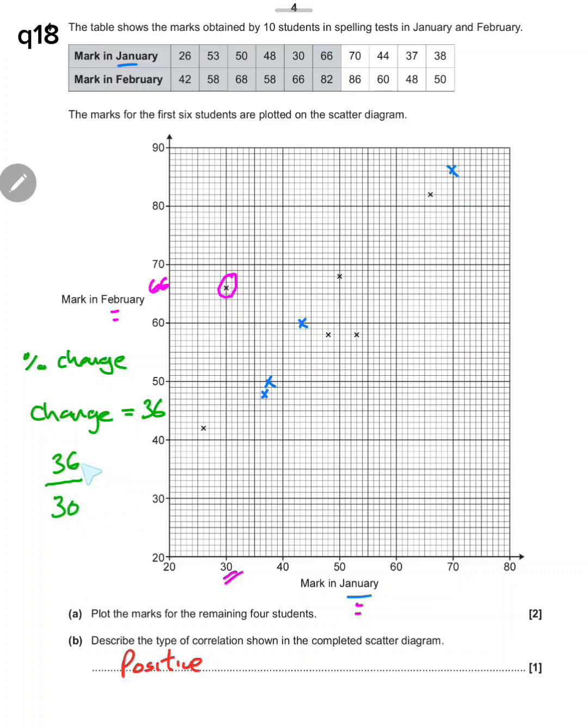And if I can change that to a percentage, I've got the percentage change. Well, this is quite a nice fraction, because if we divide top and bottom by 3, then we get 12 out of 10. And if we multiply top and bottom by 10, we get 120 out of 100. The percentage change is 120%.